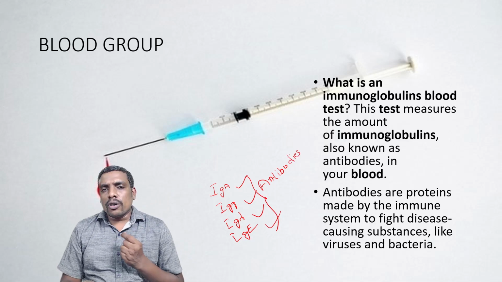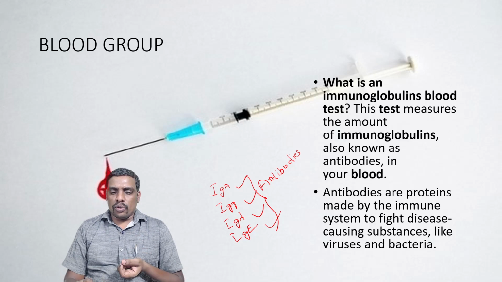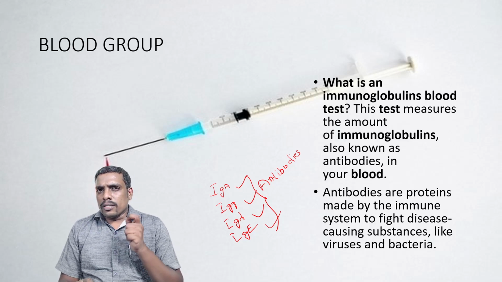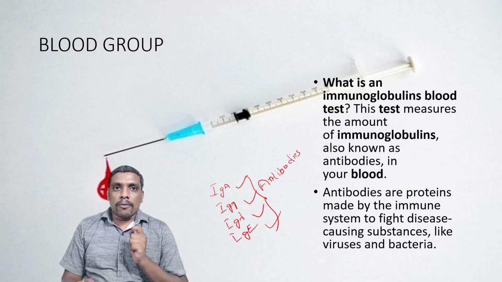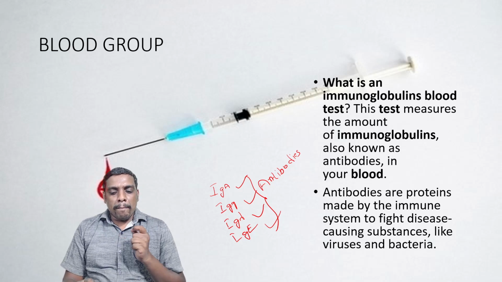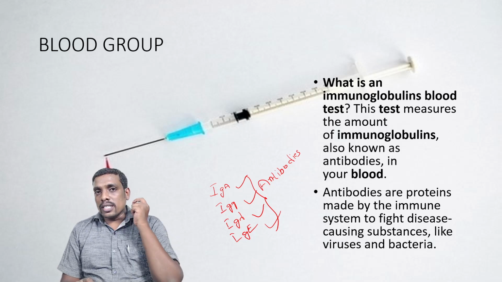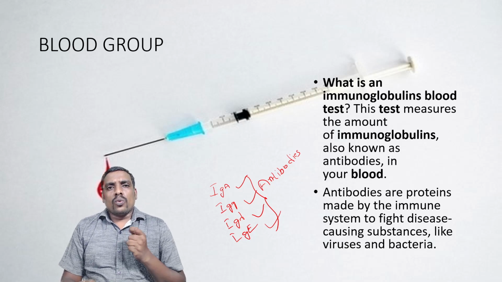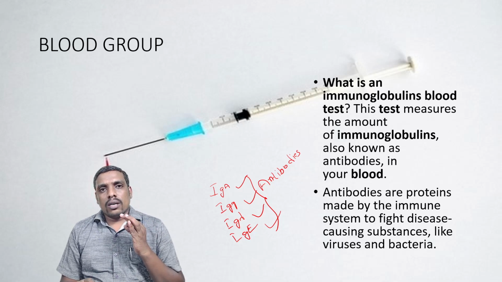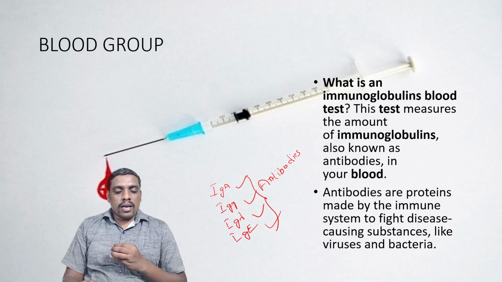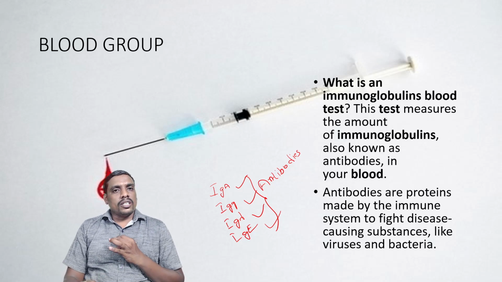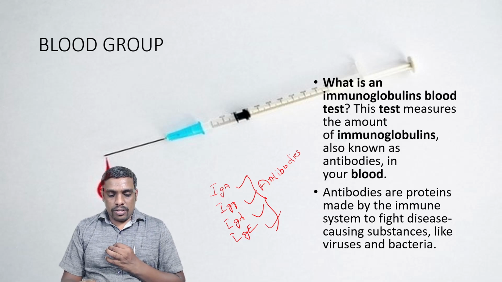These antibodies are present in our blood plasma, as you know very well. Antibodies are also proteinous molecules. They are proteins made by the immune system to fight diseases or disease-causing substances. Viruses and bacteria are all removed or killed by these antibodies in our immune system.